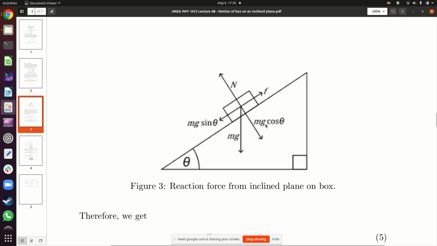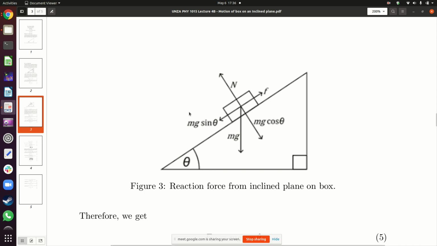Before I go to the other thing which is going to happen, this mg sin theta is the part of the weight which tends to pull the box down. That is why your box always tends to move down. Mg sin theta is the component of the weight which pulls the box downwards.